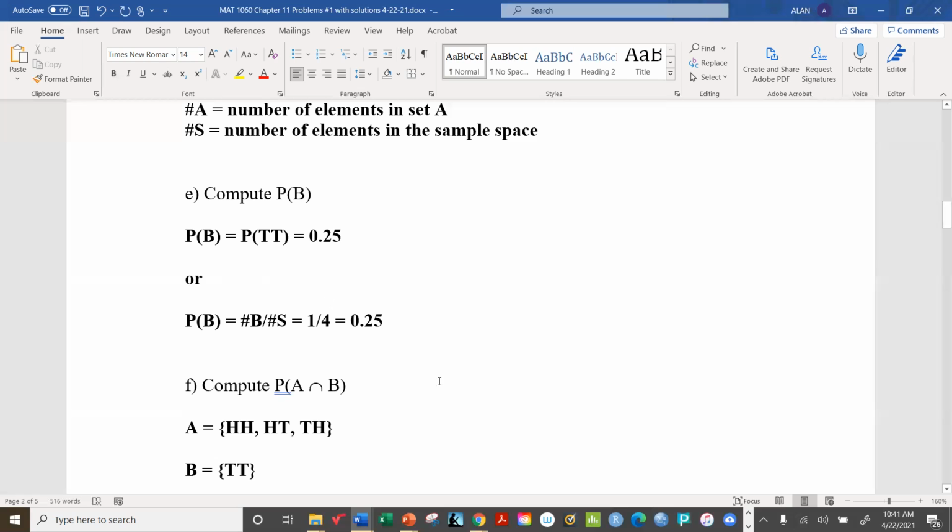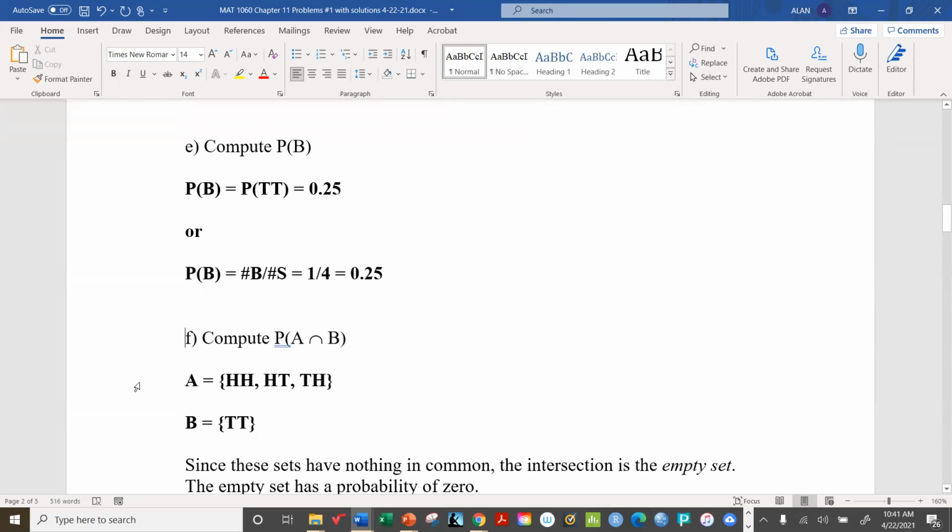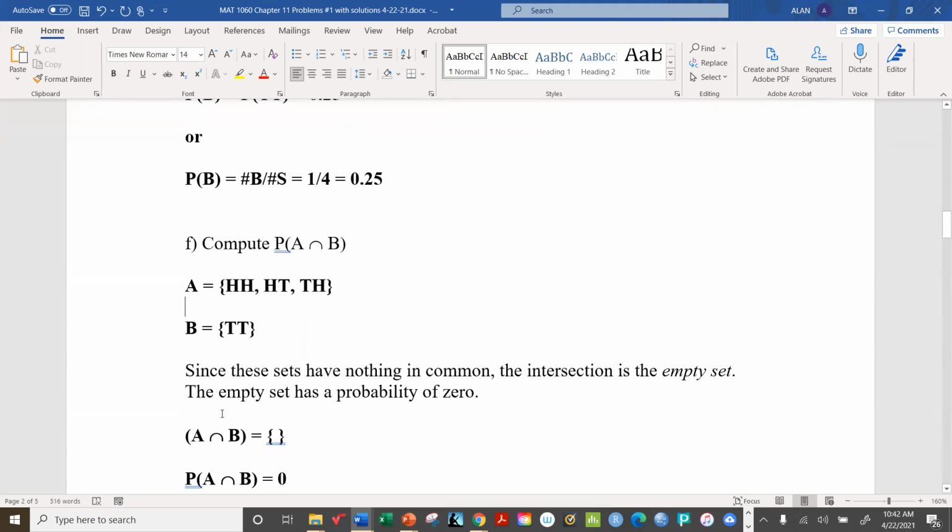So now in part F, we're looking for the probability of A intersect B. What I would like you to notice here is that if you look at these two sets, they have no elements in common, do they? No, they do not. What does that mean? Well, their intersection then is the empty set.